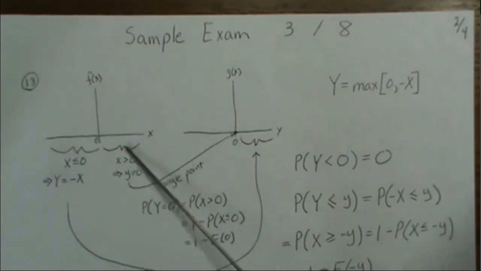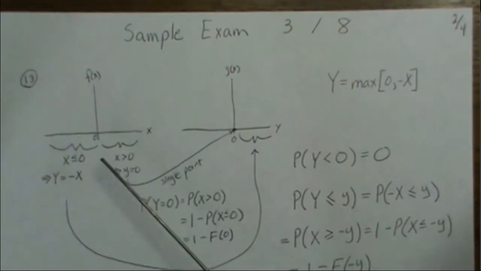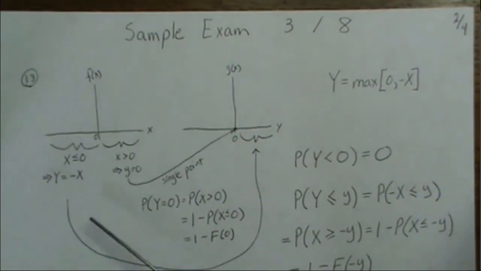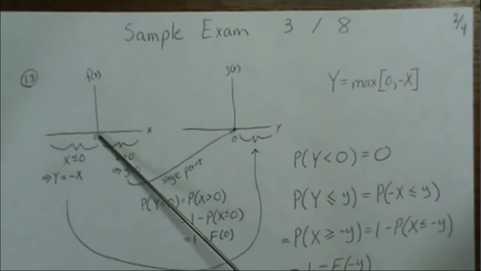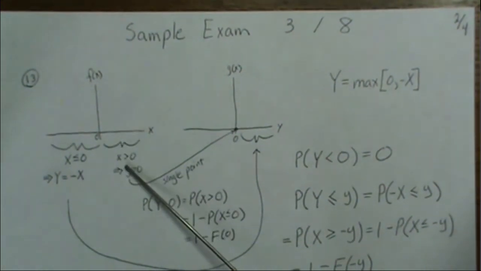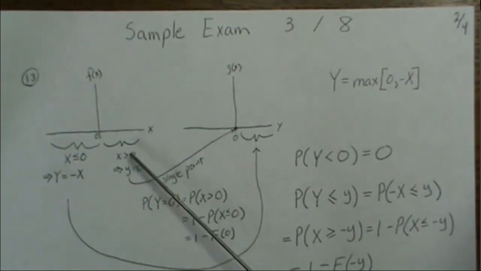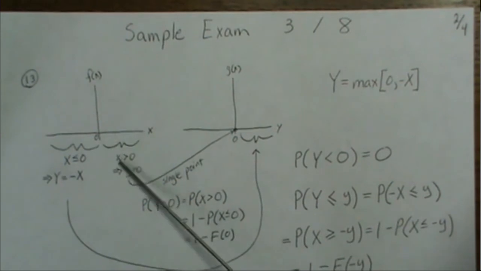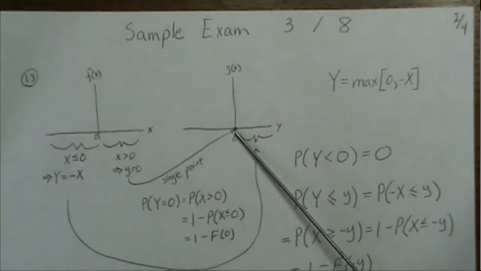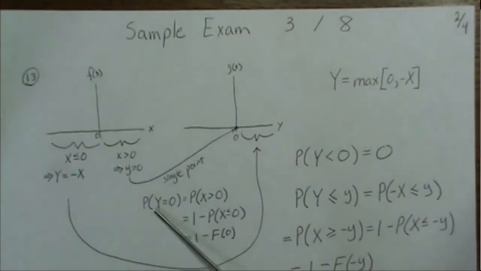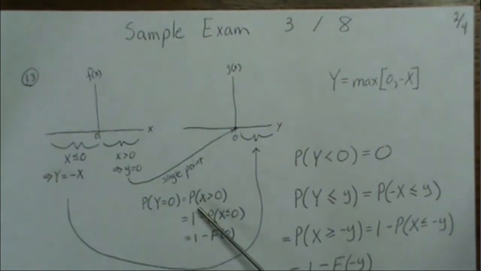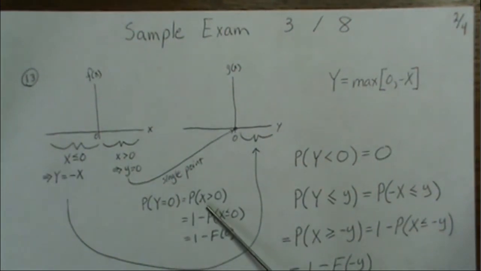If this is X, and if we think about it, if X is strictly positive, Y is always 0. So this whole region goes to this point. So the probability that Y is 0 is the probability that X is greater than 0. Well, that's 1 minus the cumulative distribution function, which is 1 minus F of 0.